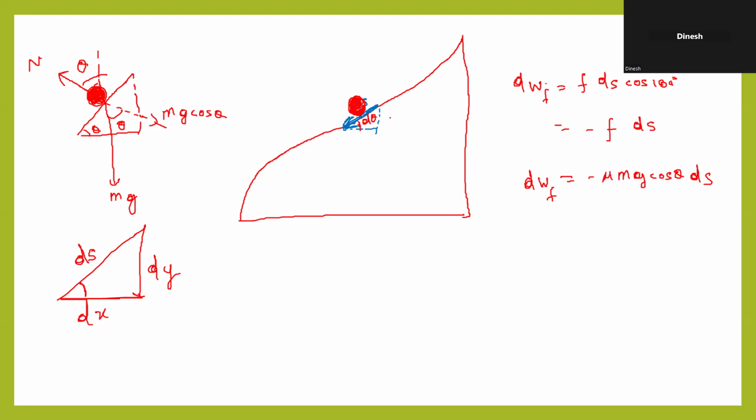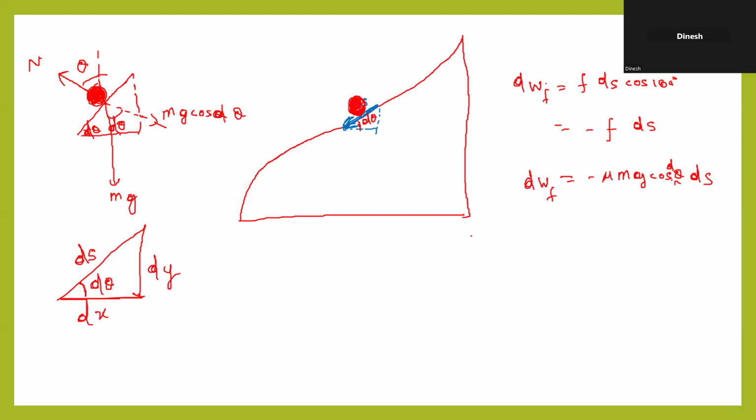Why? Because this is ds. Clear? So if you want, you can write d theta here. So the work done by friction will have d theta here also, and N will be mg cos d theta.